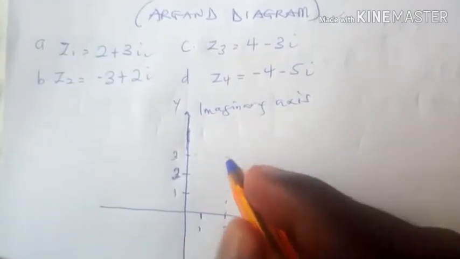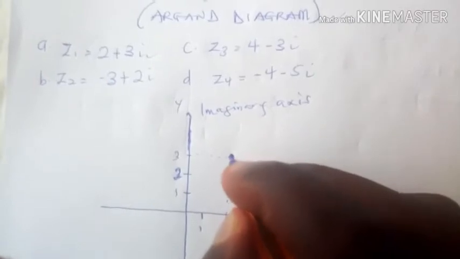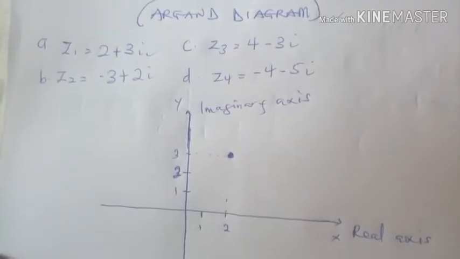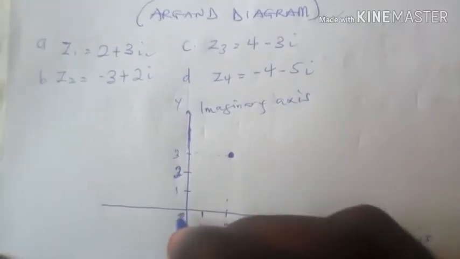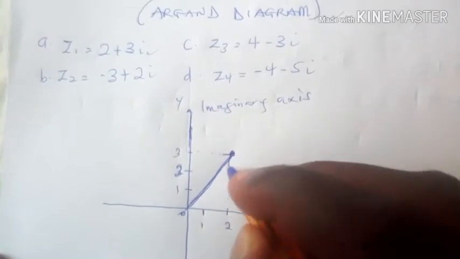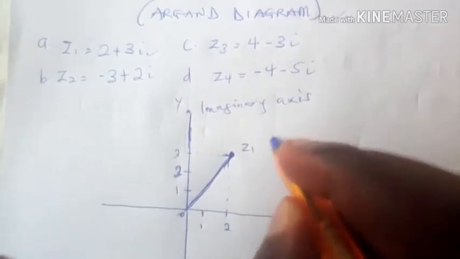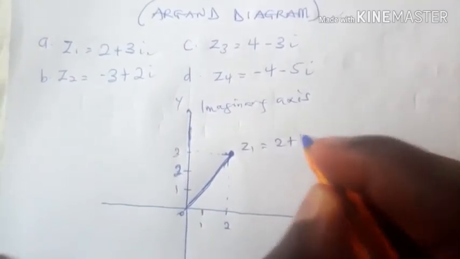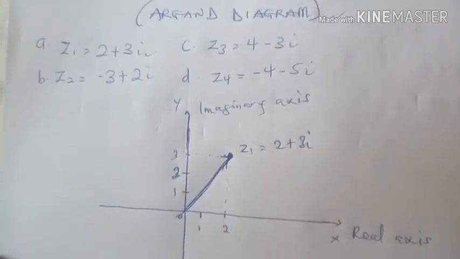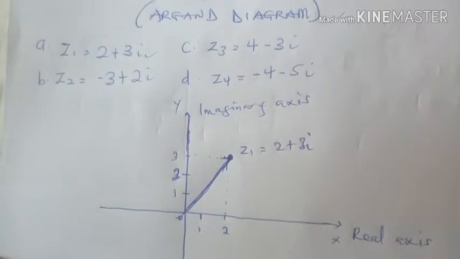That is where we get a point. Then you draw a vector from the origin to the point. So this becomes z1, which is equal to 2 plus 3i. That is it. We are done with z1.